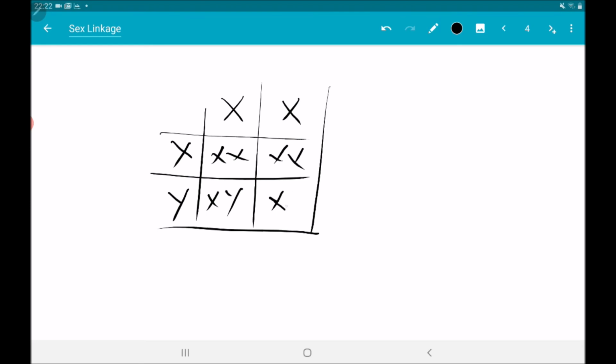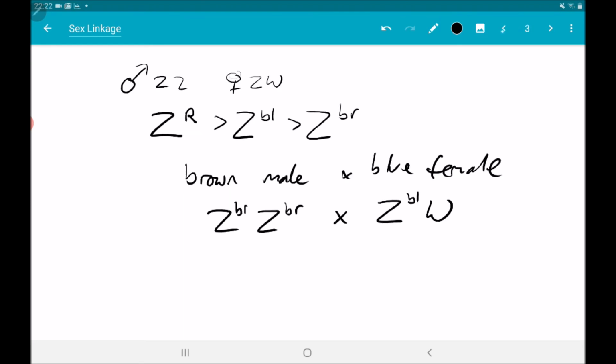So just keep to that. So we're crossing Z^Br. That's one of our gametes, Z^Br, and the other gamete for the male is also Z^Br, and then the female gametes are Z^Bl for blue and W.